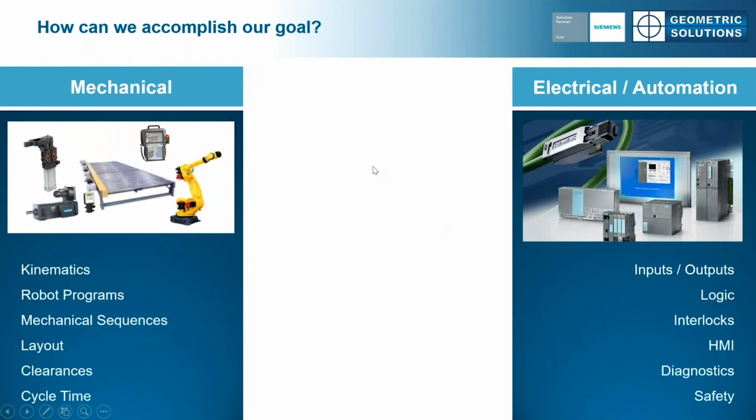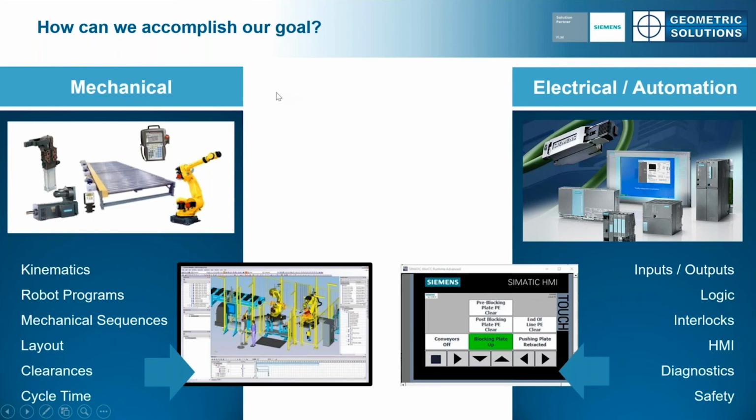So the question then is, how can we accomplish our goal? Well, the way that this works is we take all of the mechanical pieces. So that's the kinematics, any robotic programs, mechanical sequences. We're taking that physical portion, and then we take all of the electrical pieces. So this would be the PLC, the HMI, the I/O, safety, diagnostics, all of those things.